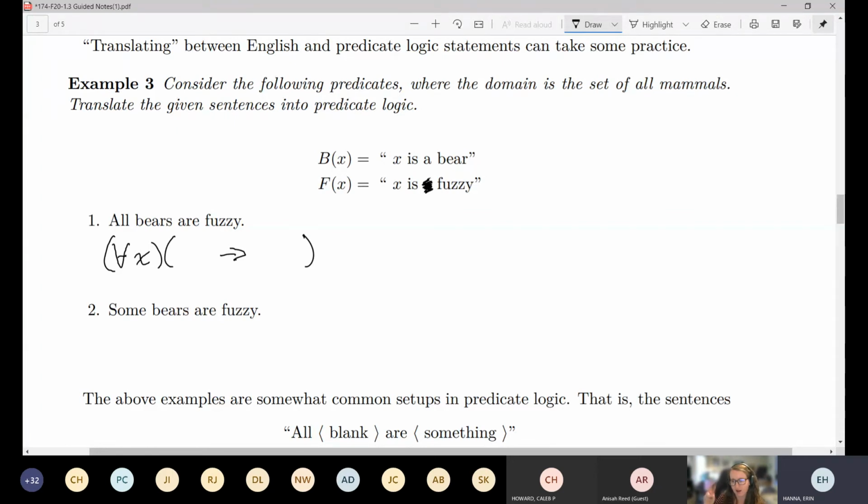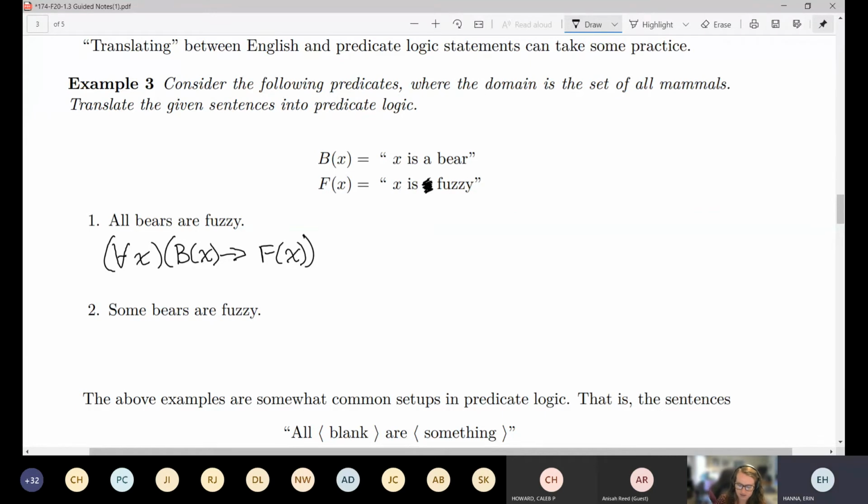So those two pair up, the for all and an implication. So here, when we say all bears are fuzzy, we're going to say for all x, if it's a bear, then it's fuzzy. Because then, no matter what x value you are, if it's a bear, then it's fuzzy.